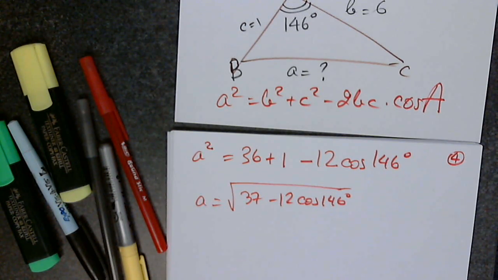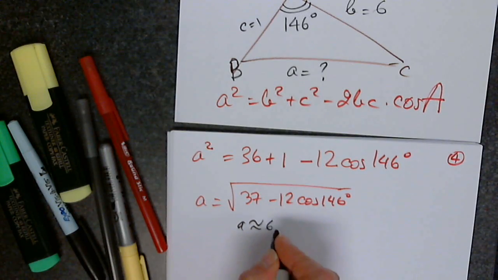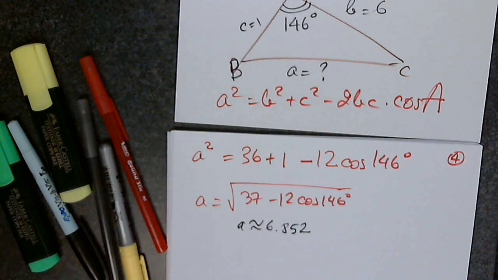Put everything in one step so you don't have to approximate anything. 37 minus 12 and cosine of 146. Close the parenthesis and close the parenthesis under the square root. So I get 6.852. A is approximately 6.852, whatever the measurement unit is.